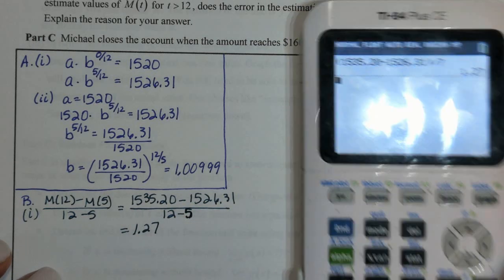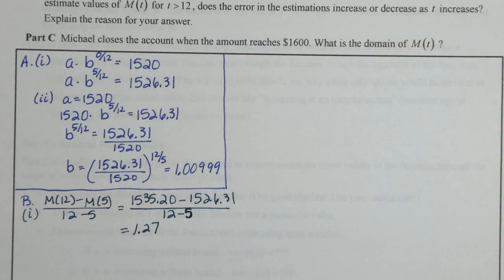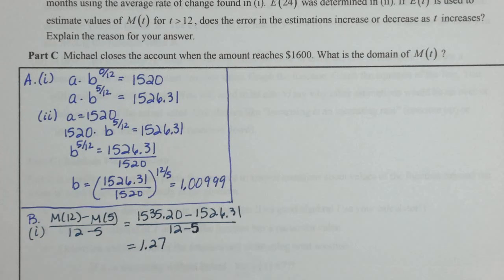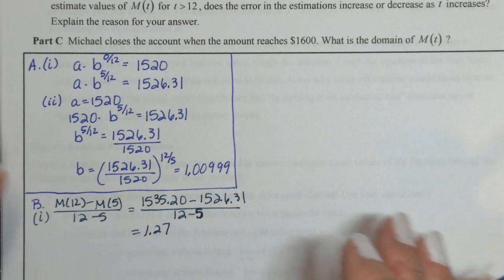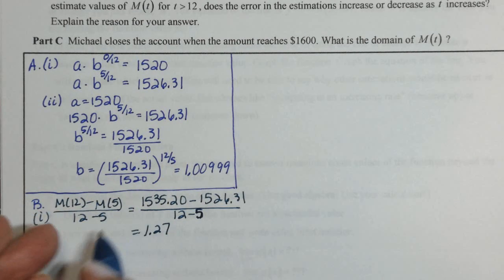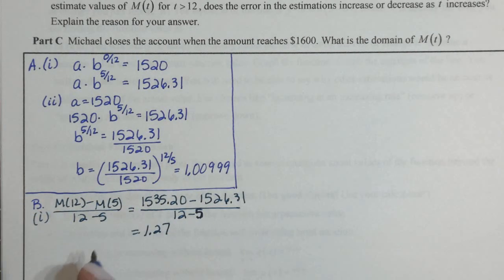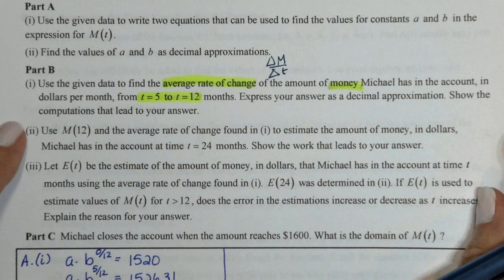So the average rate of change is 1.27. Since T is in months, that means on average, Michael is earning $1.27 per month on average over that time interval, from 5 to 12 months. So we did part 1 of part B.